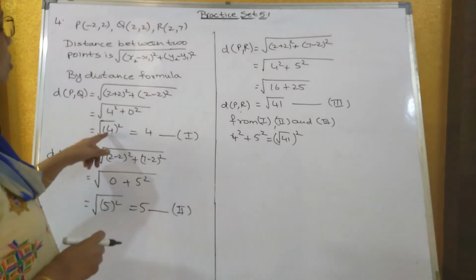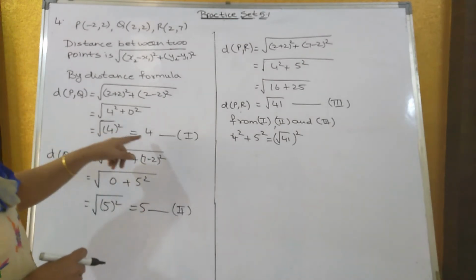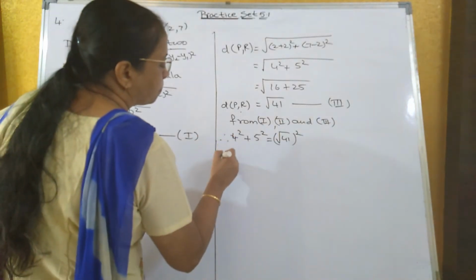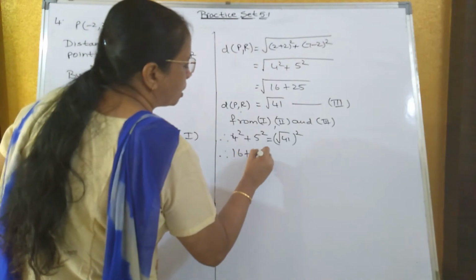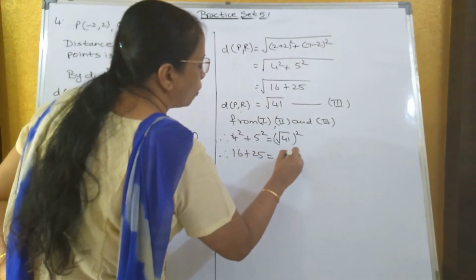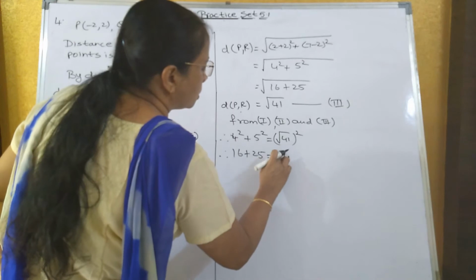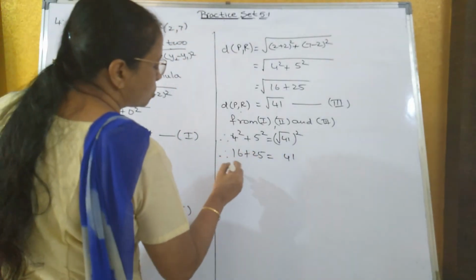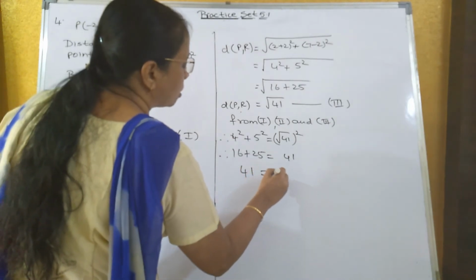If you take the square also you will get 16. Root of 16 is 4, that is 4 square is 16. 16 plus 25 is equal to root 41 the whole square, which will become 41. 16 plus 25 is 41, so 41 is equal to 41.